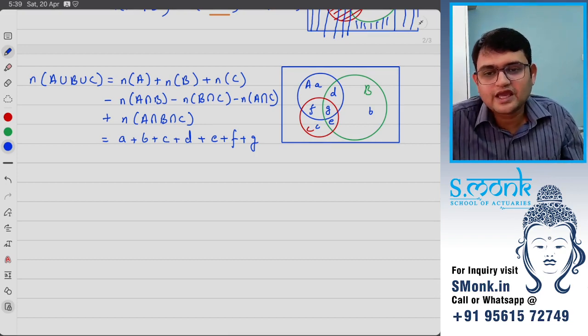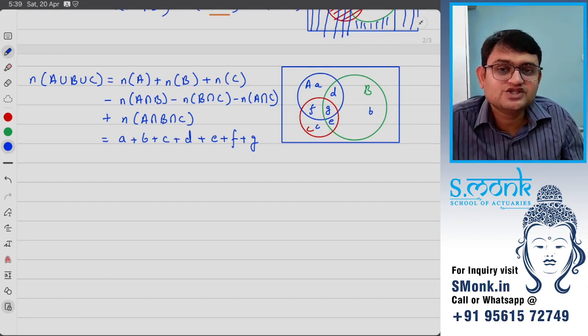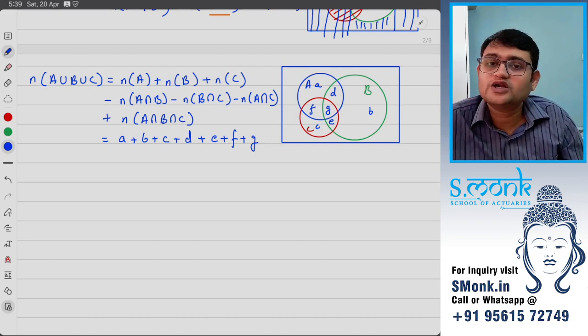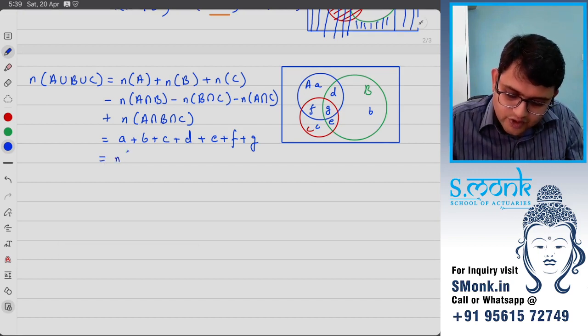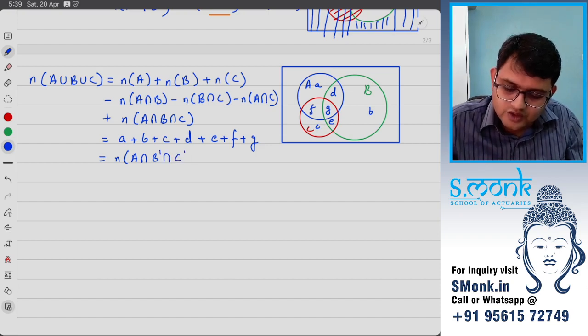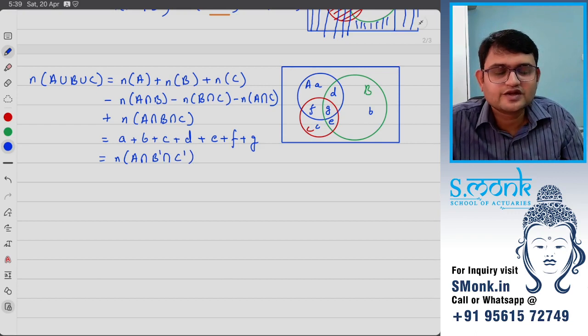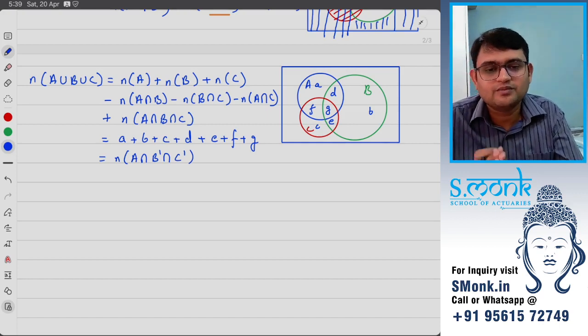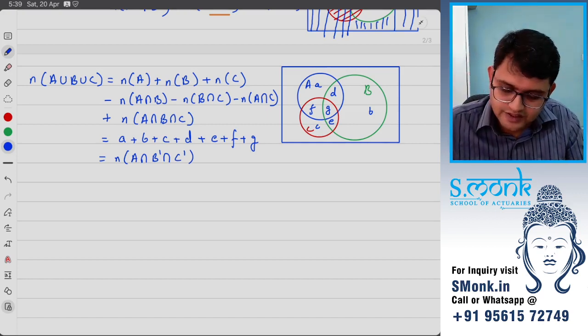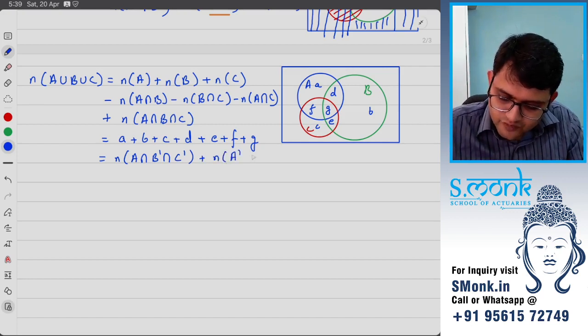Only A represents the region that is part of A but not of B and not of C. So I can say this is the number of elements in A but not in B but not in C. This is how we will represent only A. Similarly, only B is not A but B, not C. Only C is not A, not B, but C.